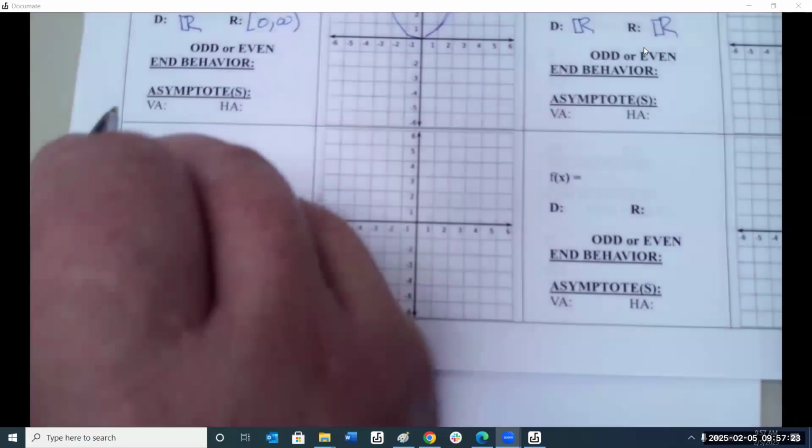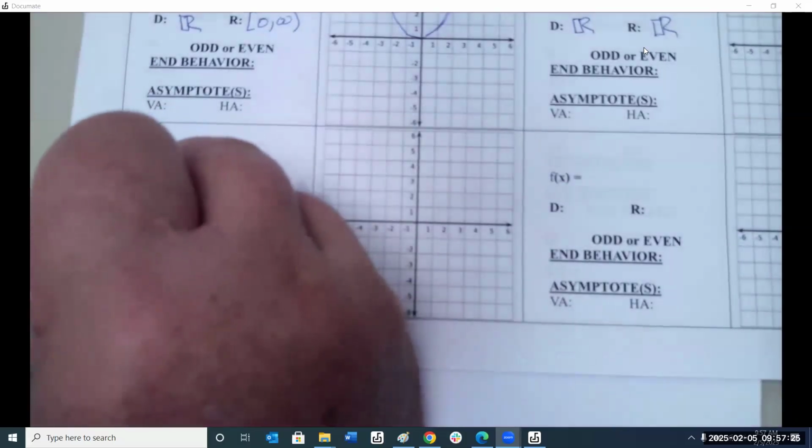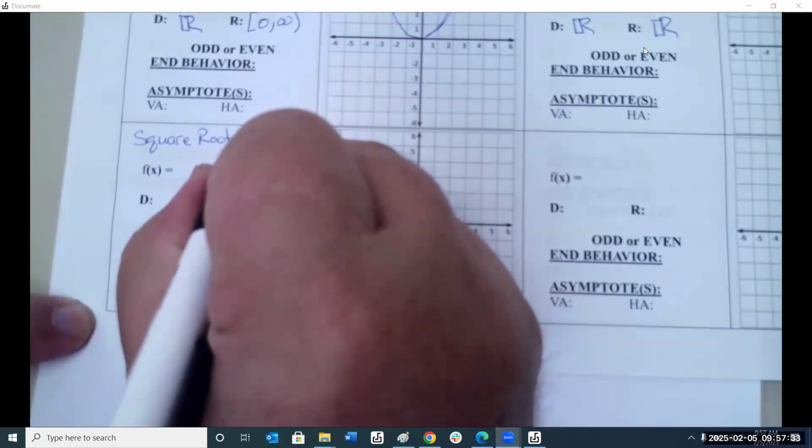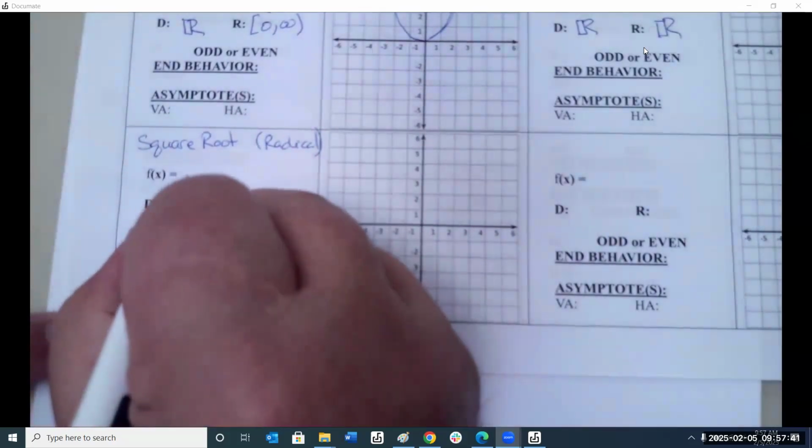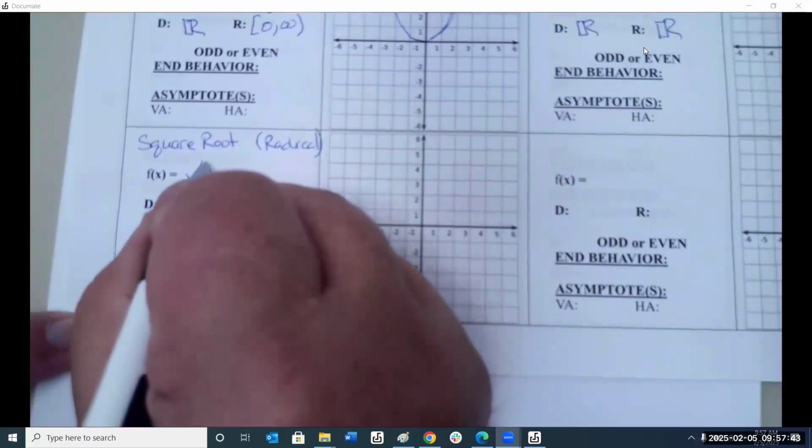All right, so let's look at the opposites of those now. Square root function, or I'm going to call these a radical. The square root of x.